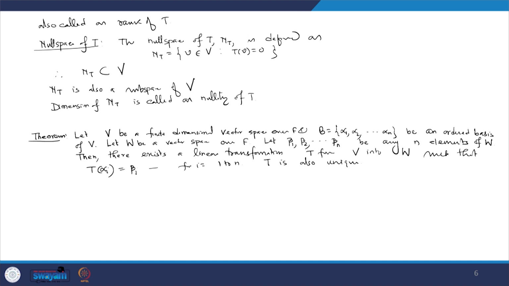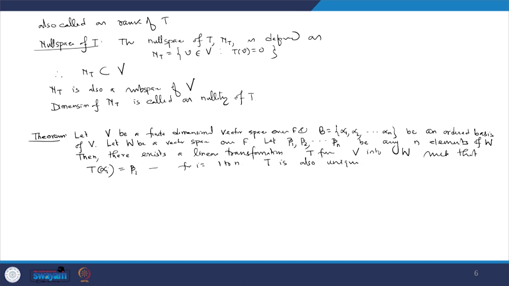We have not mentioned the dimension of W, nothing. We have mentioned alpha 1, alpha 2, ..., alpha n are the linearly independent elements of V, whereas beta 1, beta 2, ..., beta n are any arbitrary elements of W. We have not mentioned whether they are linearly independent or dependent, nothing.